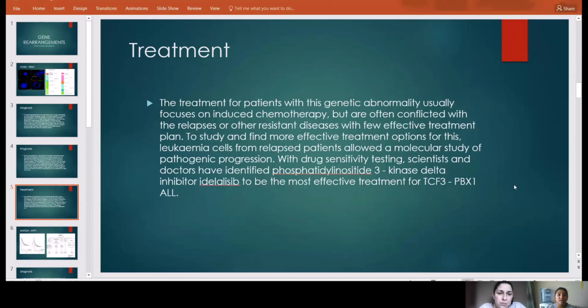For this treatment with TCR, most patients should undergo induced chemotherapy, which is one of the most common forms of treatment in this case.